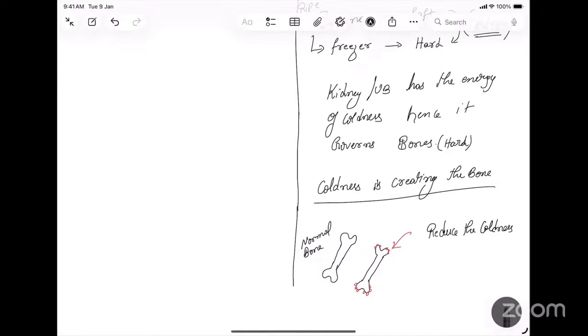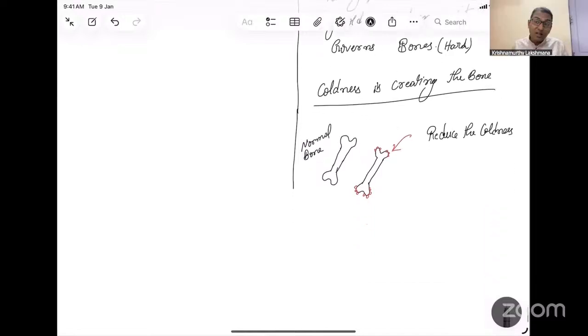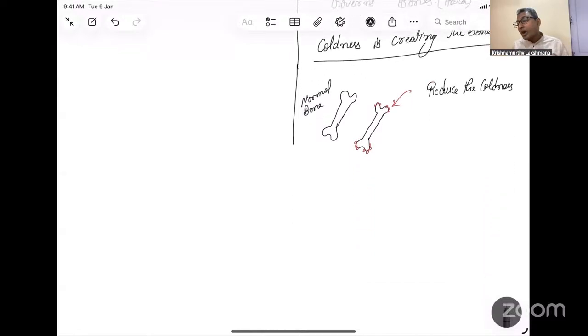To sedate kidney. How can you sedate kidney? Which pattern is there? Is there an excess pattern in kidney to sedate? Excess kidney yang, to sedate, how? Increase kidney yin? No, hold on. You cannot use yin and yang so easily.